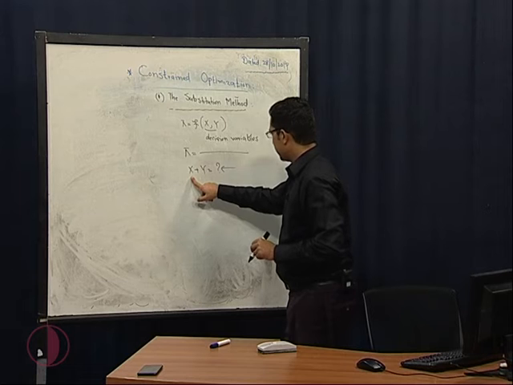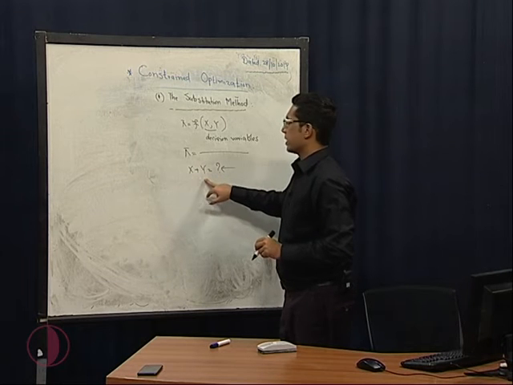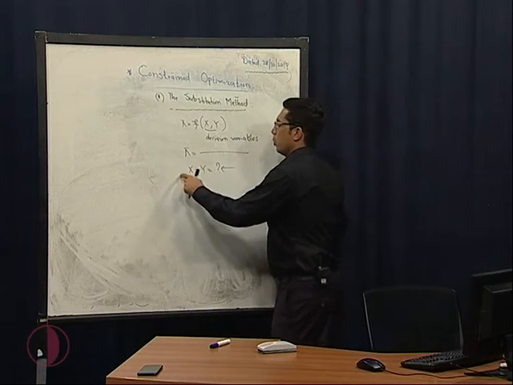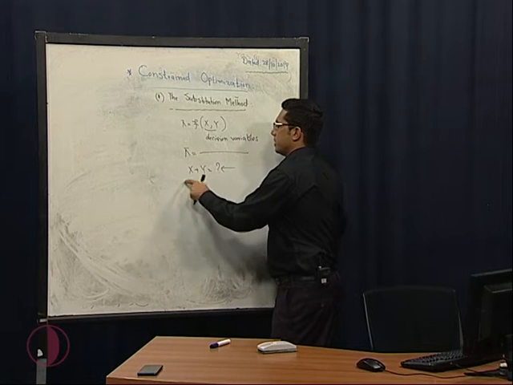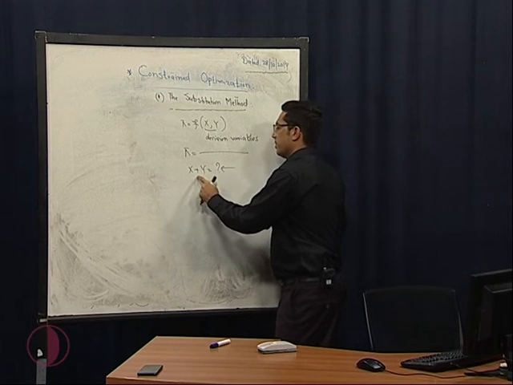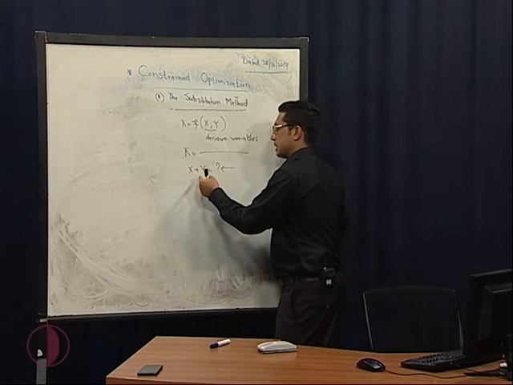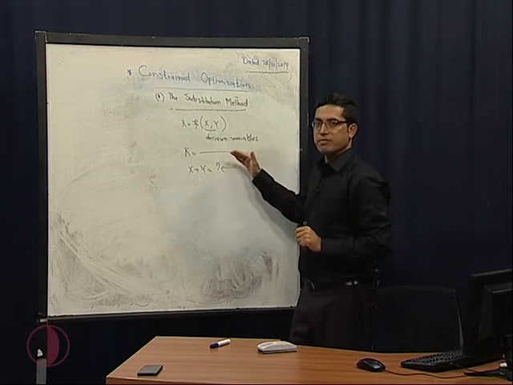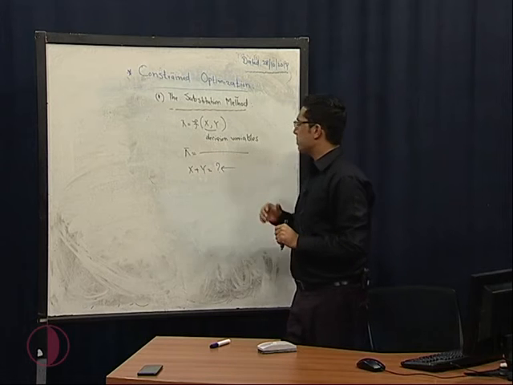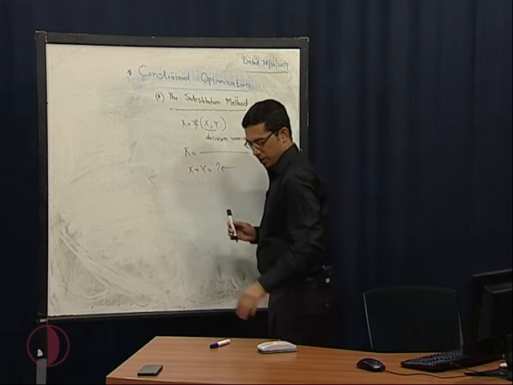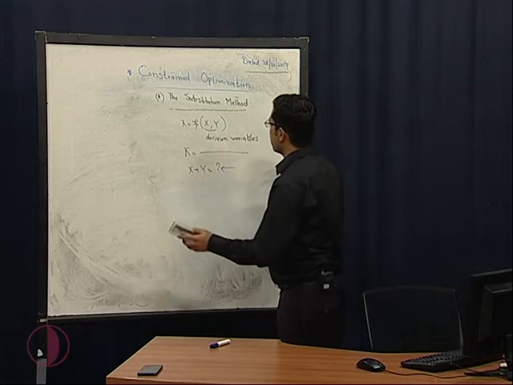Either we can solve it for x or we can solve it for y. After that, we will substitute that expression into the original objective function that the business firm wants to maximize or minimize. After that, we can solve for the second decision variable.